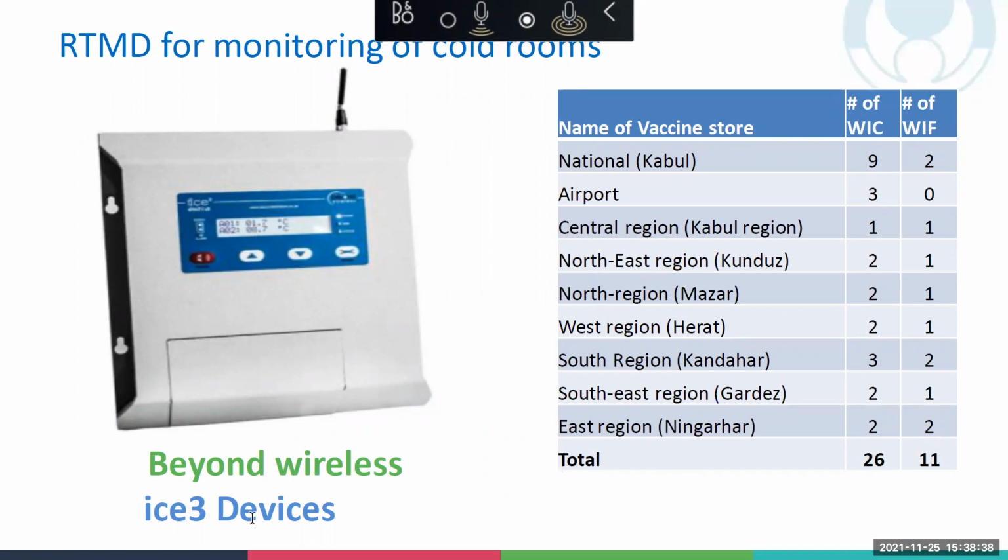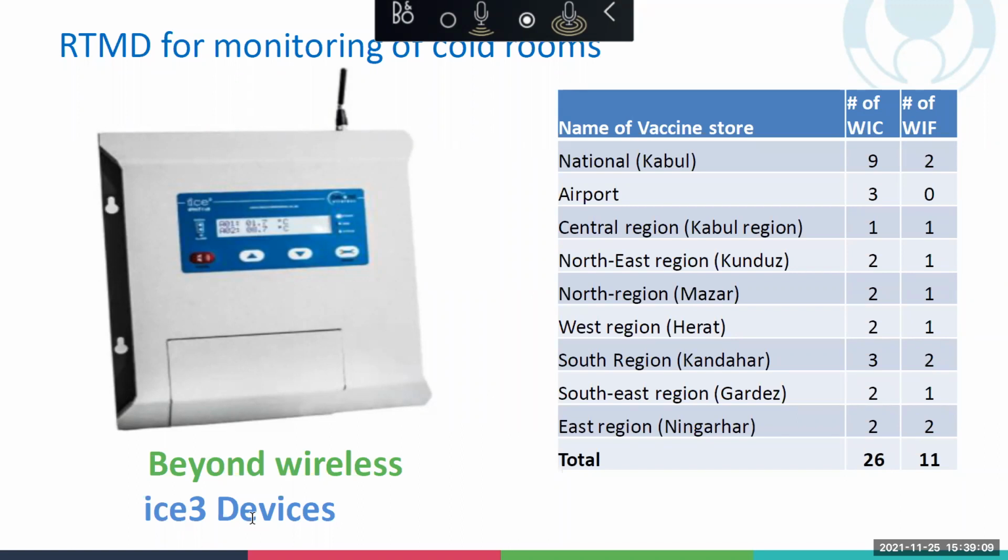Okay, thank you very much, Dr. Mateen, and Dr. Kulahan for your introduction. As we have heard, Afghanistan has faced a lot of challenges, both politically and otherwise. But despite these challenges, they have been able to manage their temperature monitoring systems for the cold rooms and the SDDs very well.